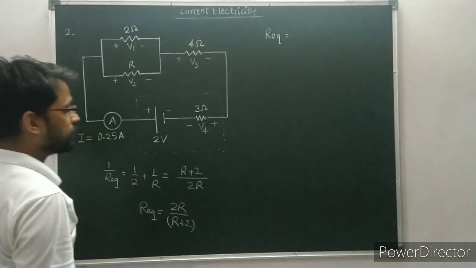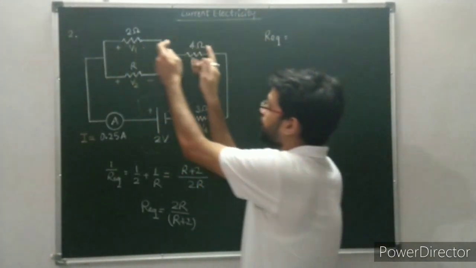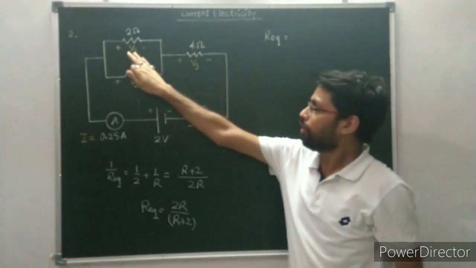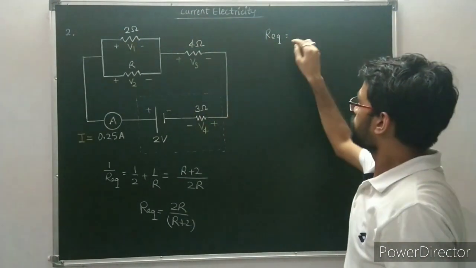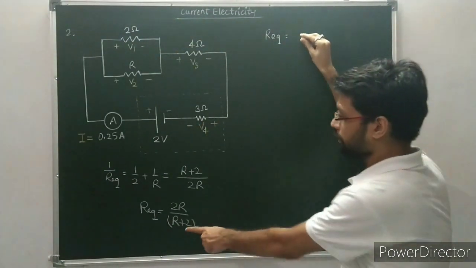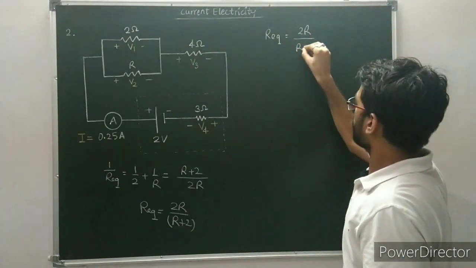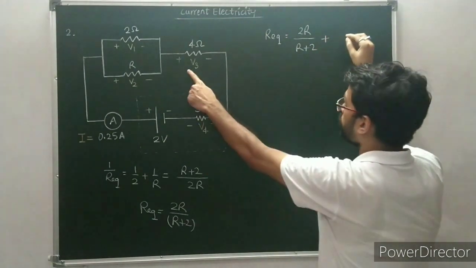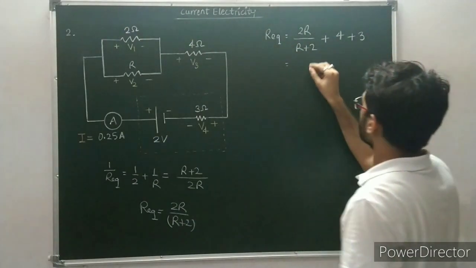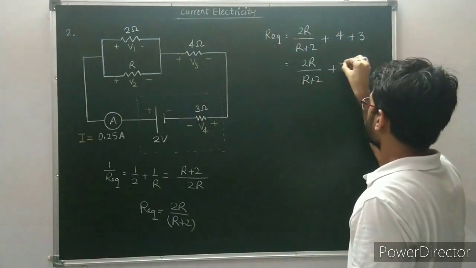Now this parallel network, 4 ohm and 3 ohm are connected in series, so all the resistances are added. So the total equivalent resistance of the circuit will be 2R upon (R plus 2) plus 4 plus 3, and this comes out to be 2R upon (R plus 2) plus 7.